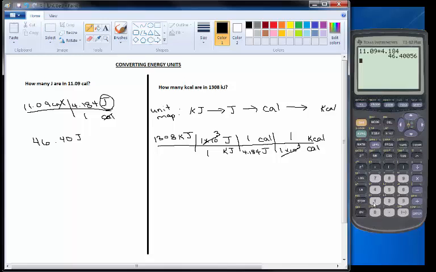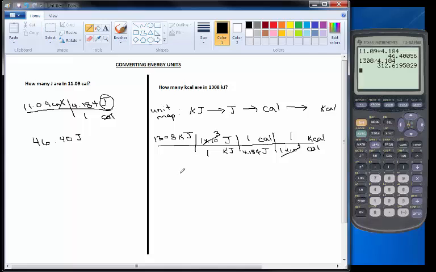So we will say 1,308 divided by 4.184 equals 312.619529. In our original problem, we had 4 significant figures, so in our final answer, we also need 4 significant figures.